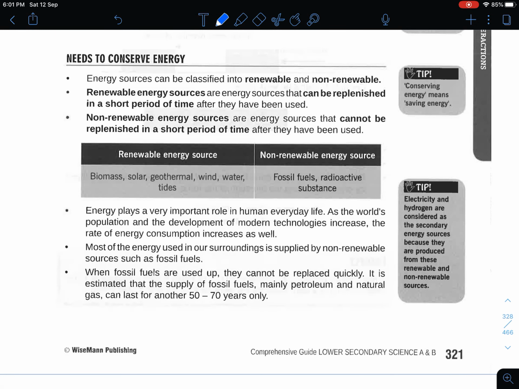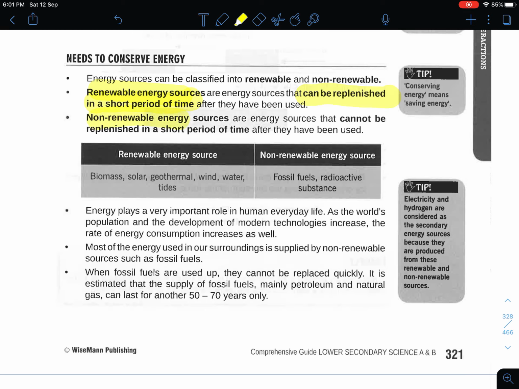So with these, energy sources can be classified into two main areas: renewable and non-renewable. Renewable energy sources are basically energy sources that can be replenished over a short period of time after they have been used. Like if you cut a tree today, you can just grow another tree. However, the time for the tree to grow up is another major consideration.